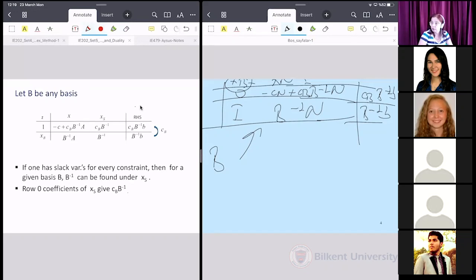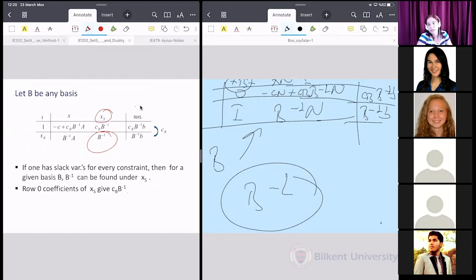Now be careful, because B inverse is important. This also tells you something else. In any simplex table, B inverse is always hidden under the starting basic feasible solution. If I have started with excess, they will be hidden under its column.